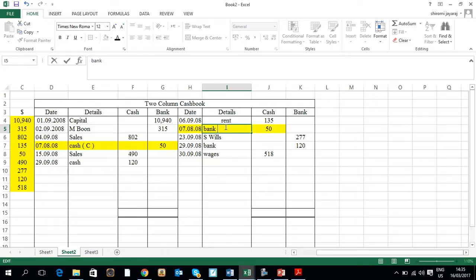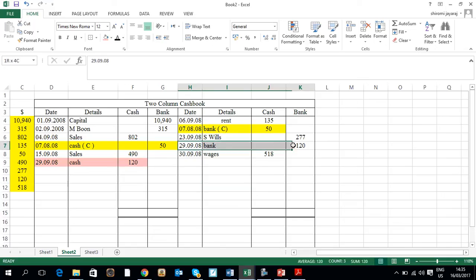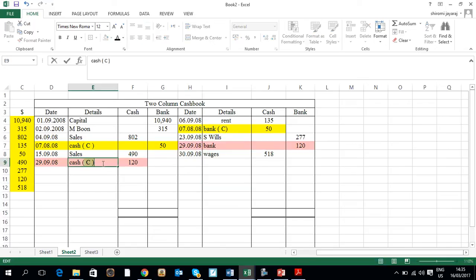And here also compulsory to write C, as well as this transaction and this one are relevant to cash and bank. So again, it's a contra entry.